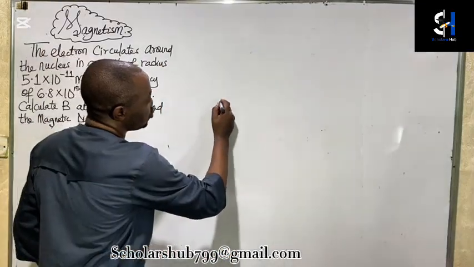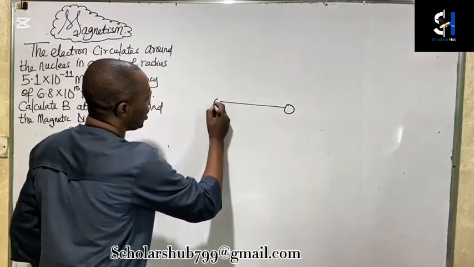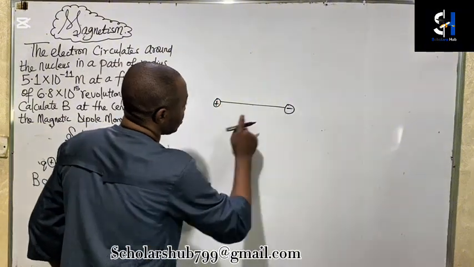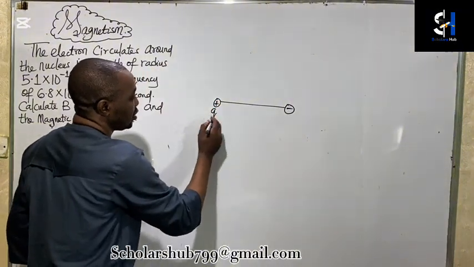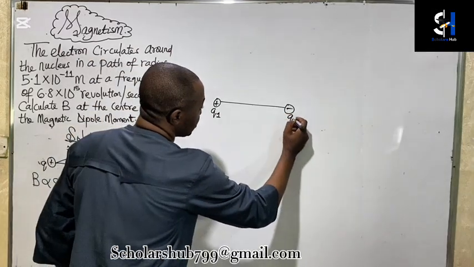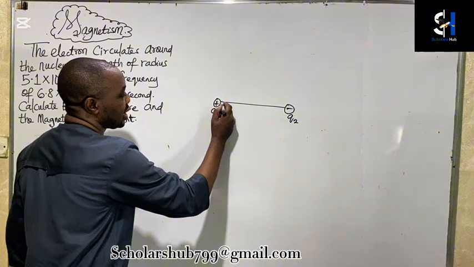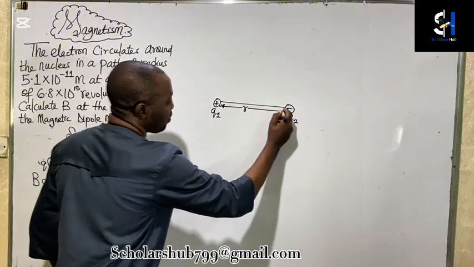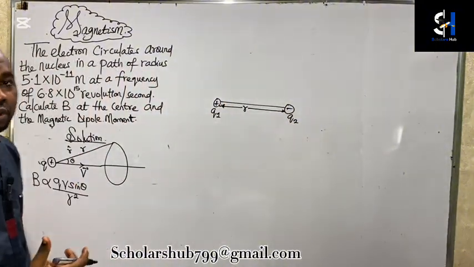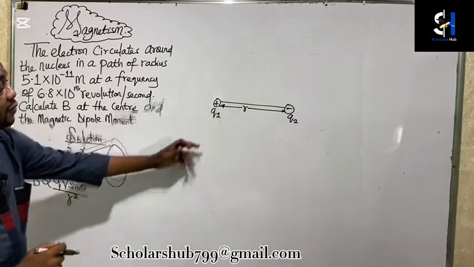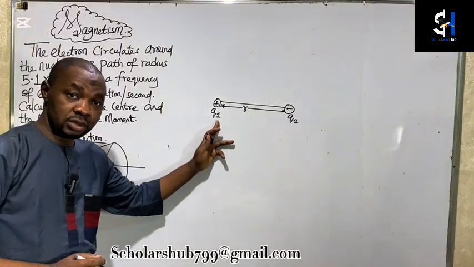Let's say we have two charges, one positive, Q1, and the other negative, Q2, separated at a distance r apart in a homogeneous and isotropic medium.